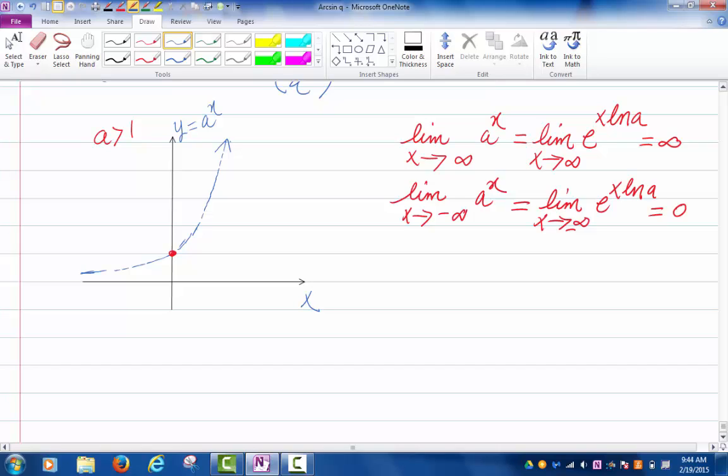What's the relationship between the graph of f of x and f of negative x? It's a reflection across the y-axis. So the graph of a to the negative x will be something like this.